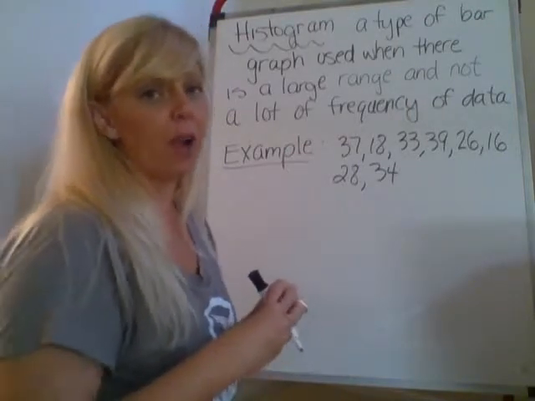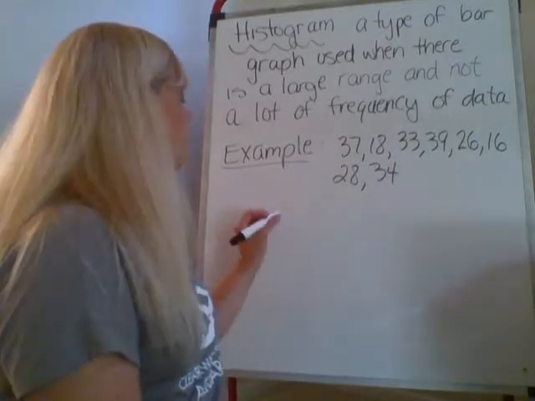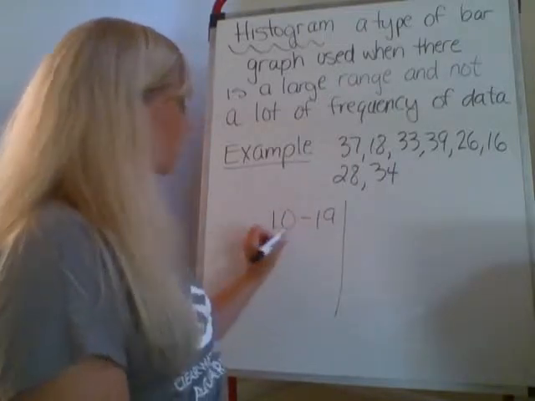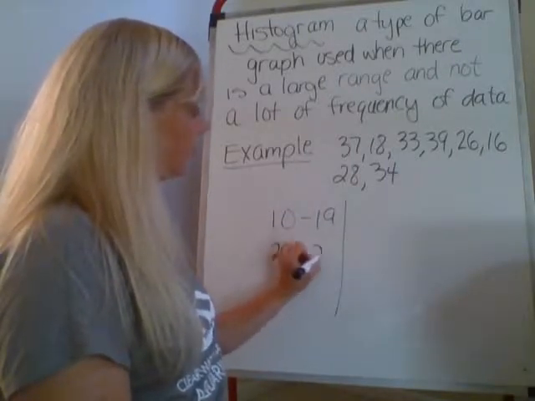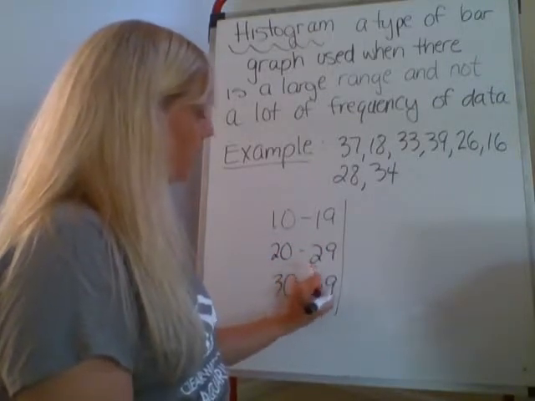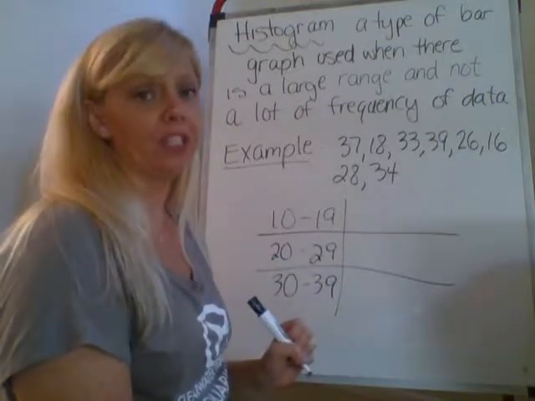So that's the first step. The first step is to figure out how big we need to make each bar, how many of the numbers go into each bar. So I'm going to go ahead and make a little chart to get this going. All right, and I'm going to do tallies so I can figure out how many I have in each. All right.